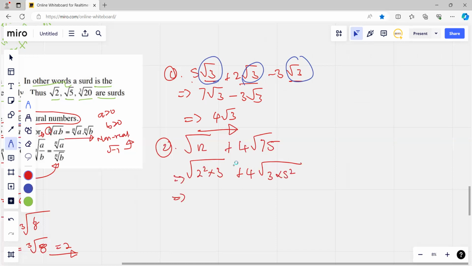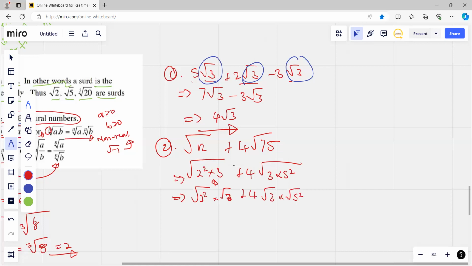Then root of 2 squared multiplied by root of 3 is equivalent to that, according to which law? The multiplication law of surds, plus 4, root of 3 multiplied by root of 5 squared.